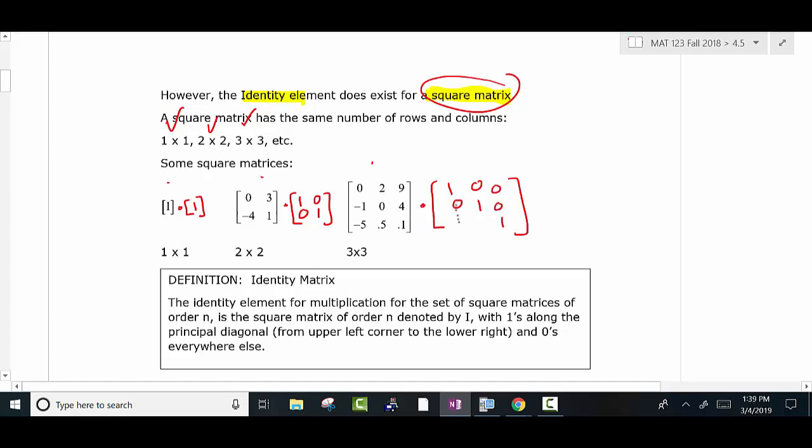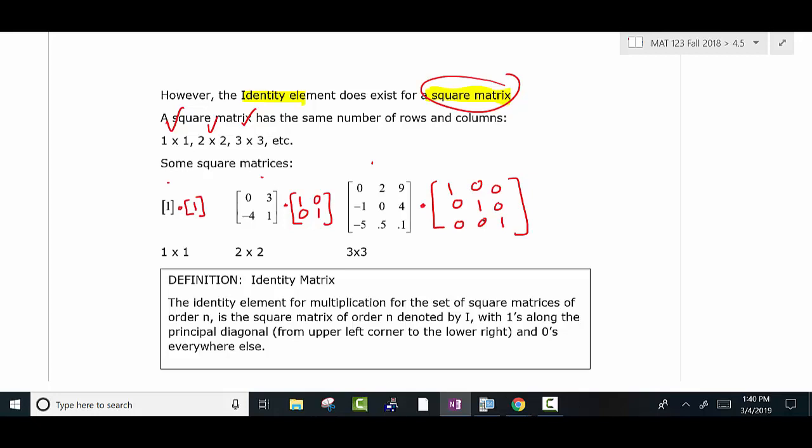Everything else is going to be a 0. So what you're going to find is this: if you took this 2 by 2 times that 2 by 2, you would get the same thing back. If you took that 3 by 3 times that, did it by hand or in a calculator, you would get the same thing back. So you're always going to have a diagonal of 1s. Everything else is a 0. That's what we call an identity matrix.